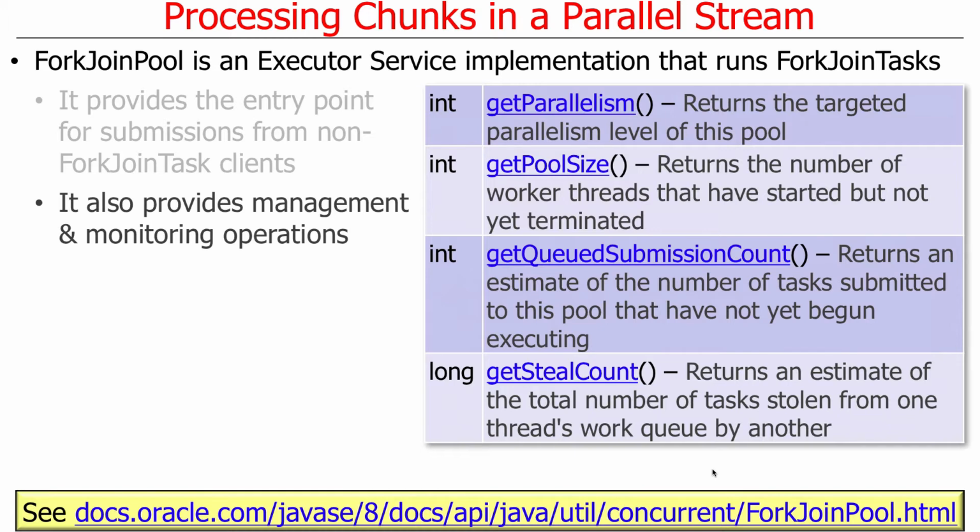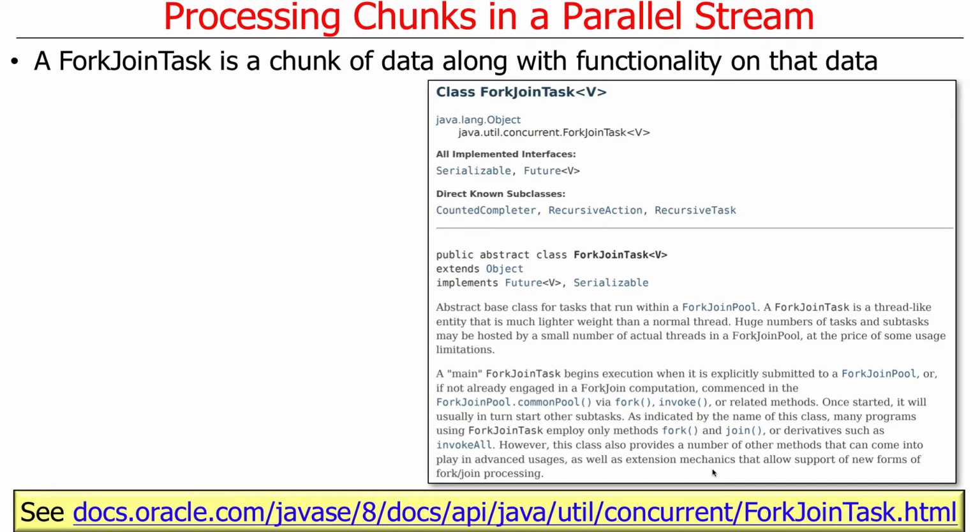Get pool size will return the number of threads that are created, which might vary dynamically. And then you can also get some other statistics, like how many tasks have been stolen from a work queue. That just gives you a sense of how evenly split the work is. An end user typically doesn't muck around with these things at all.